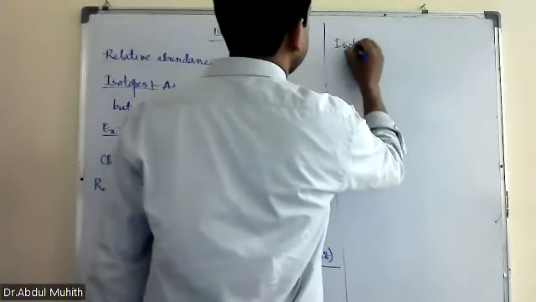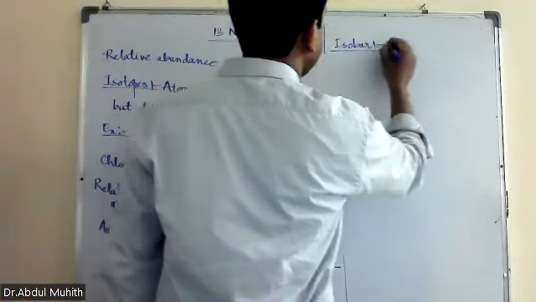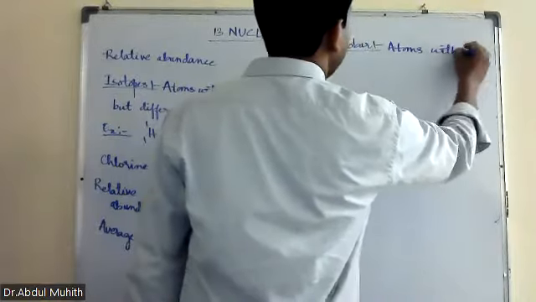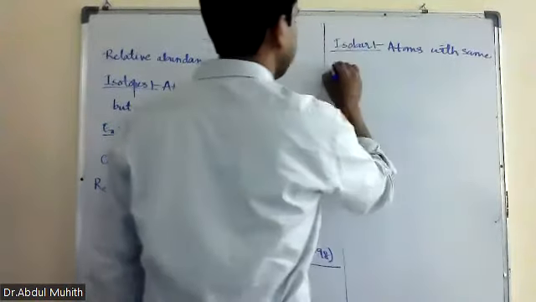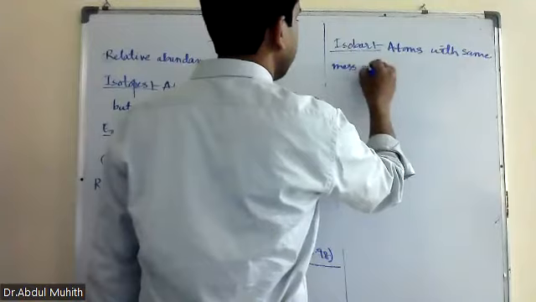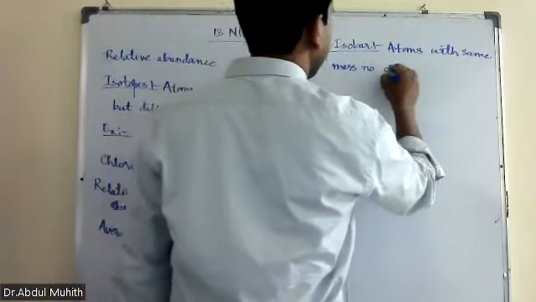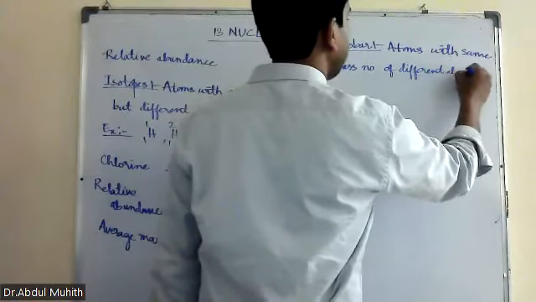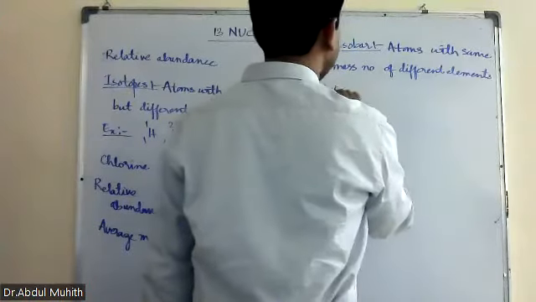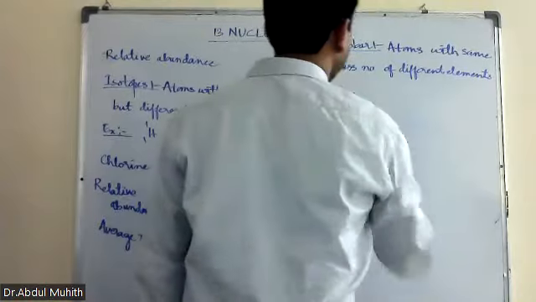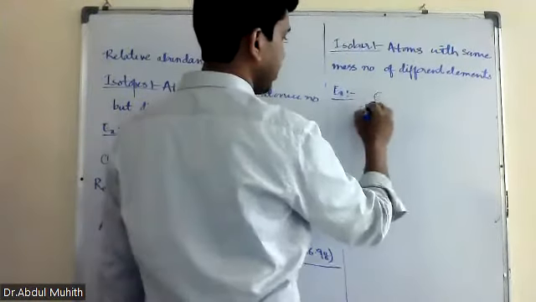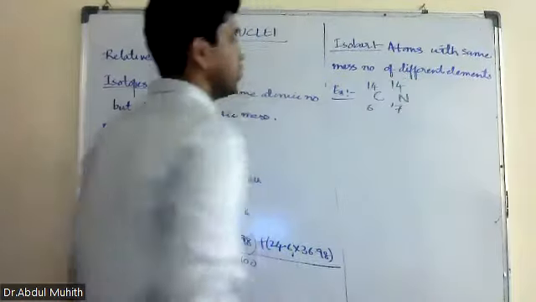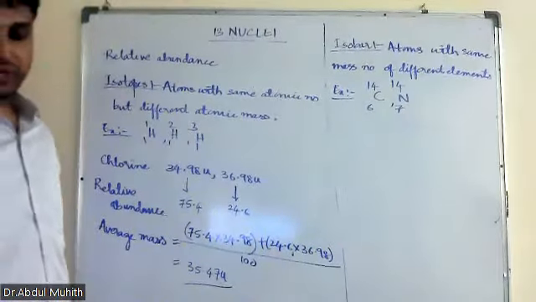Isobar means atoms with the same mass number of different elements. Example for isobars: C614 and N714. This is the example. Mass number is the same, but atomic number is different.